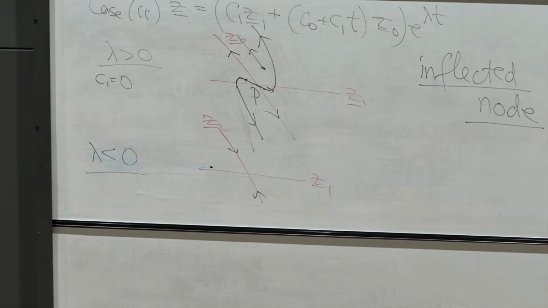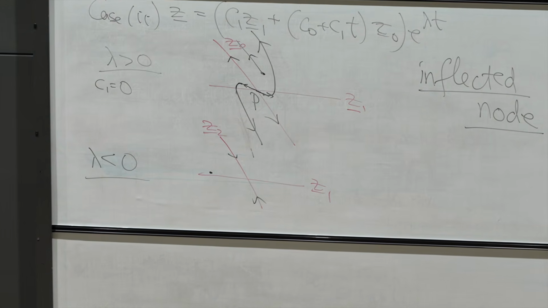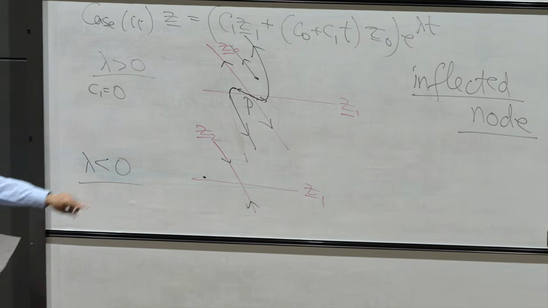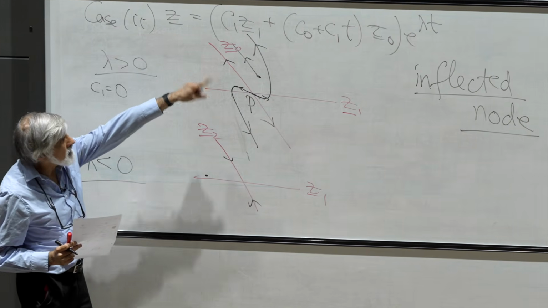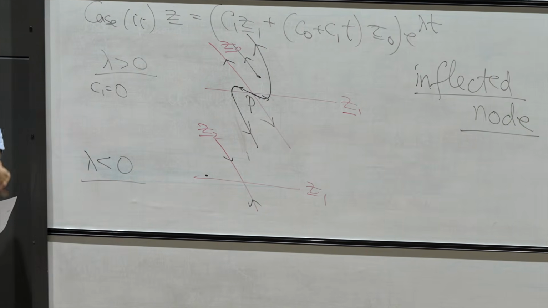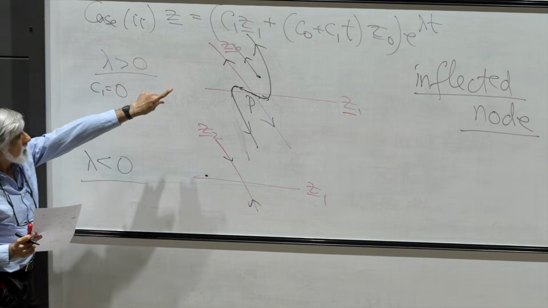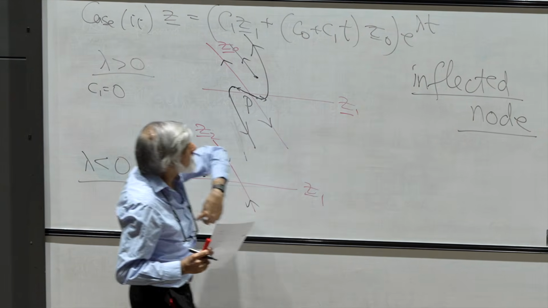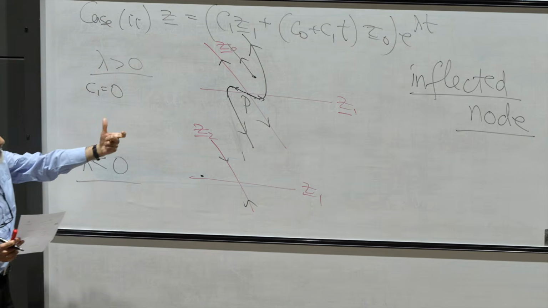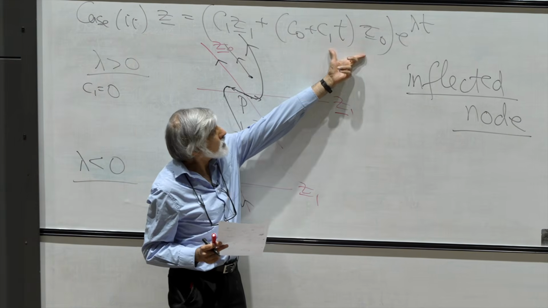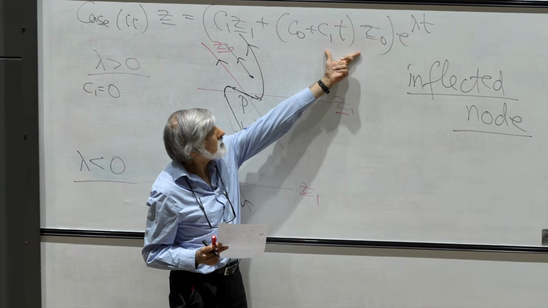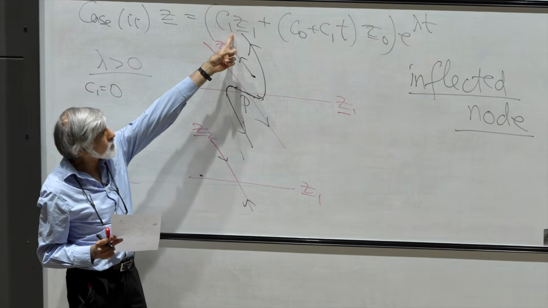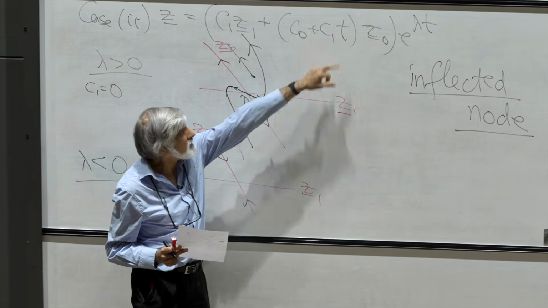As t goes to infinity, we're going to go to 0, but again, this one is going to be the winner compared to this one because of that t.